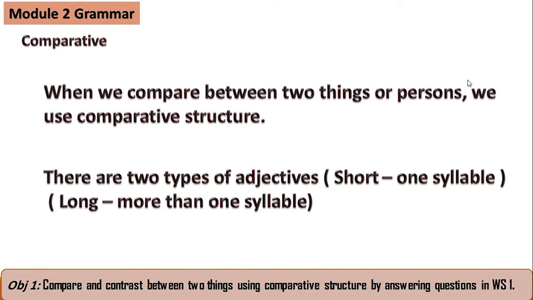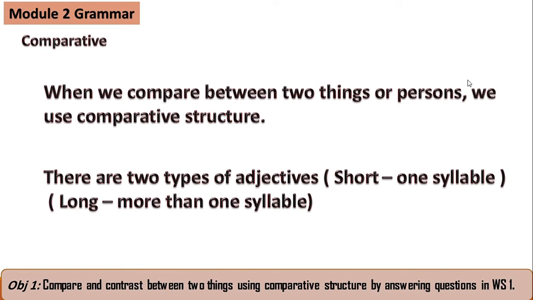Okay? We have 2 types of adjectives. At the beginning, we are going to divide adjectives into regular and irregular adjectives. All the adjectives that you are going to study are regular adjectives, but we have 5 irregular adjectives: bad, good, far, little, and much. These are your irregular adjectives.